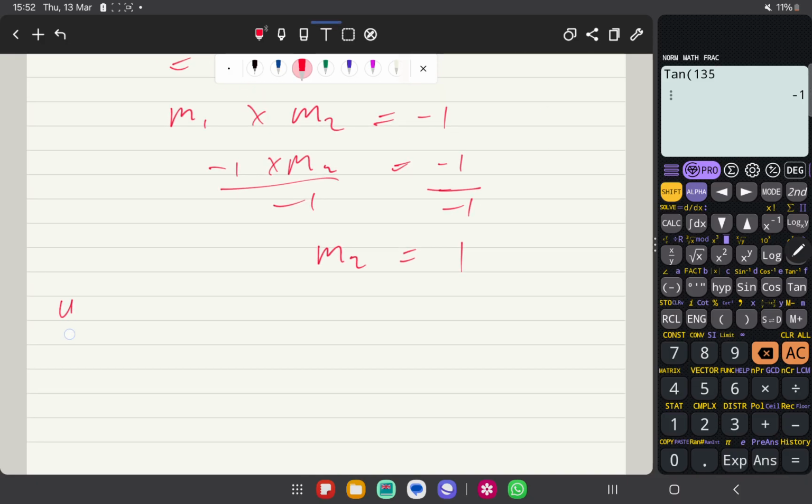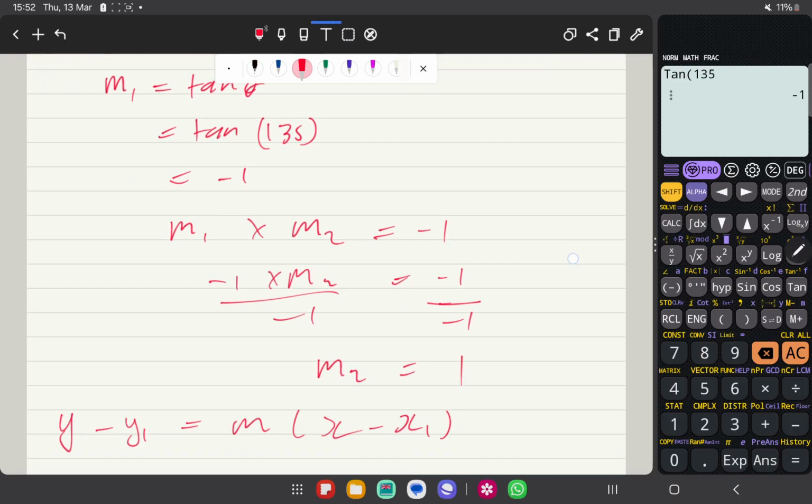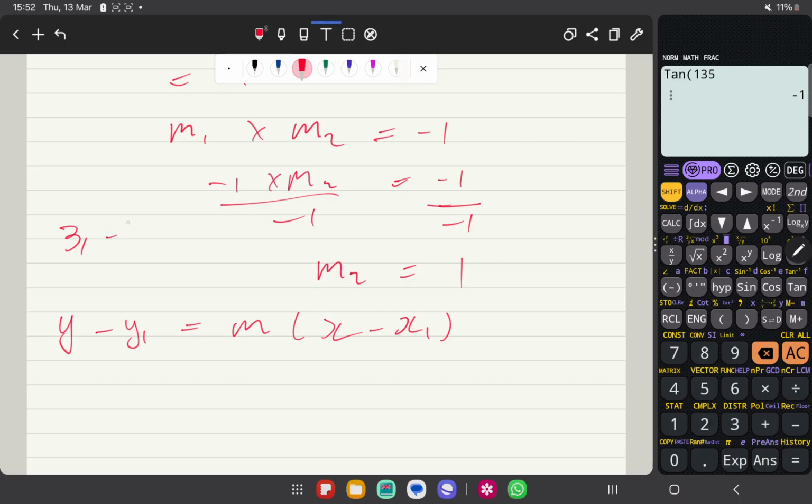Then I go back to my formula and substitute 3 and minus 1. I have y minus minus 1 equals the gradient, which is 1, times x minus 3.